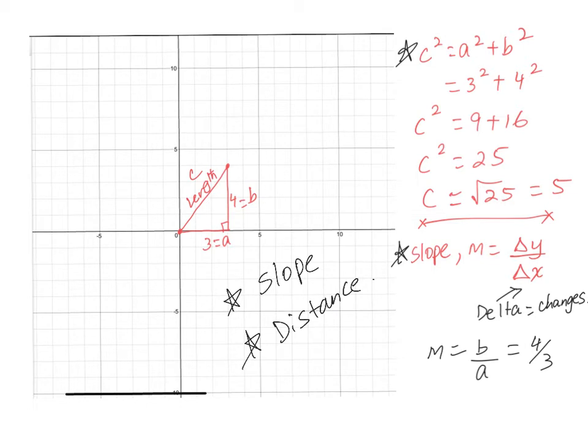If I wanted to find the middle point of this, imagine you broke this part in half, where would you end up? At 1.5. And if you broke this part in half, where would you end up? At 2. So that would be here. This is the midpoint. The midpoint is basically the half of the x's and the half of the y's. So another thing you can find is the midpoint.